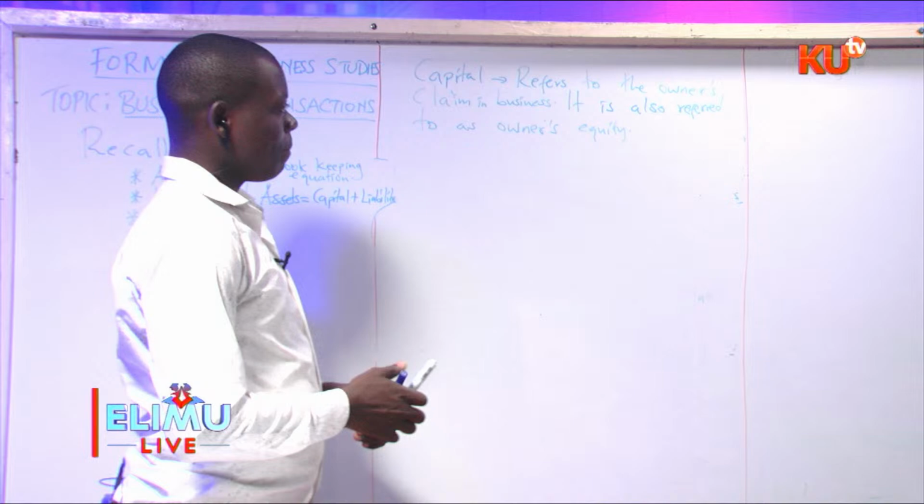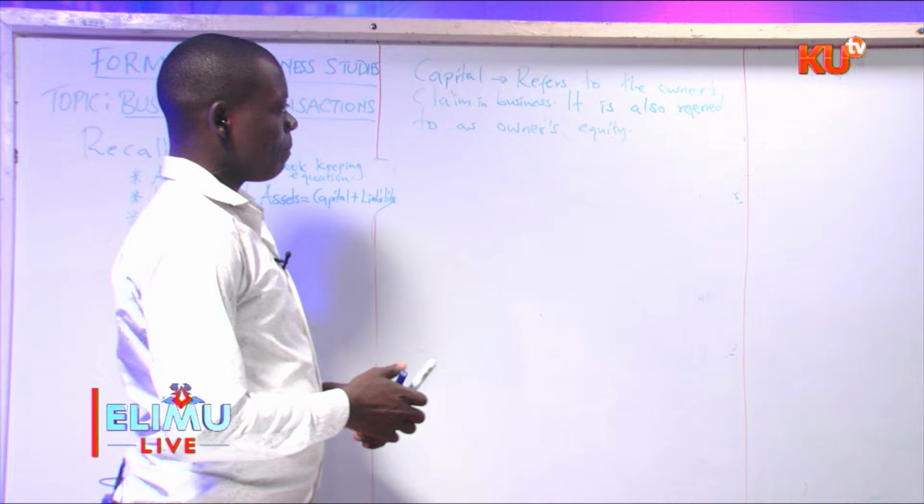And below it, we now record liabilities, starting with long-term liabilities. We give the record of long-term liabilities, for example the 10-year bank loan.